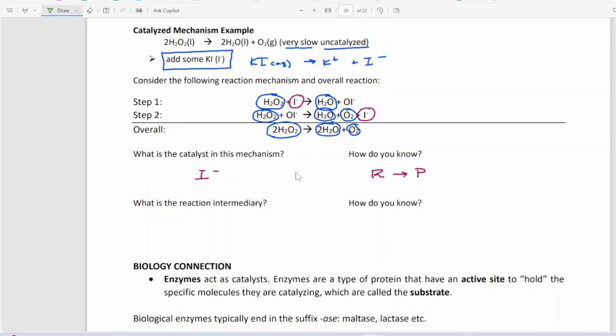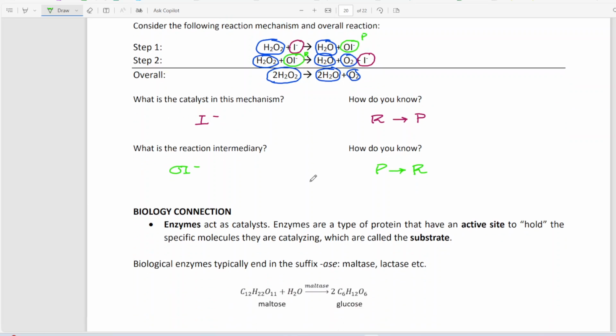Whereas if you look at this OI minus, it is a product first, and then it is later consumed as a reactant, which makes this one a reaction intermediate. How do you know? Because it first appears as a product and then it is later consumed as a reactant.